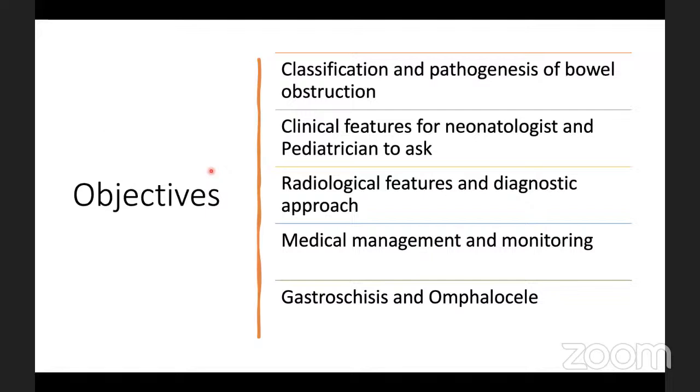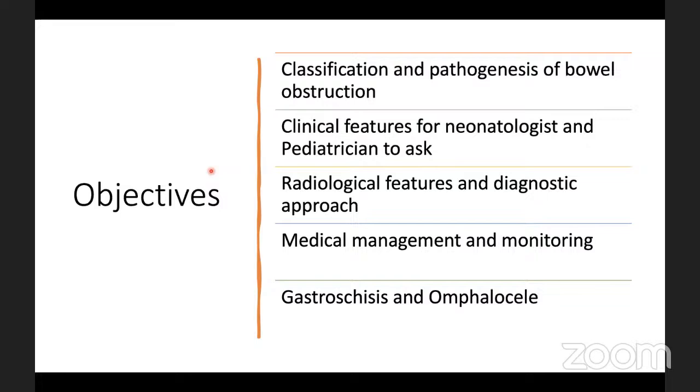The objective of my talk is first to classify and discuss the pathogenesis of bowel obstruction and clinical features, which are more important from the neonatologist and pediatrician perspective. The main focus of today's presentation is how we can diagnose bowel obstruction based on the radiological features.